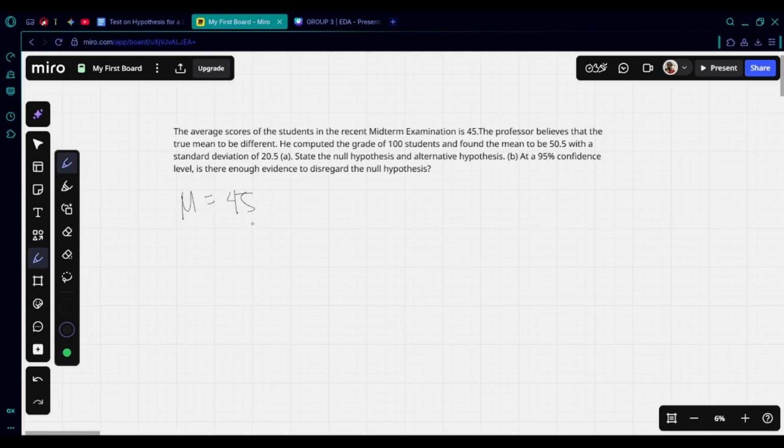Next, the professor believed that the true mean is different. Sabi dito, yung true mean daw ay not equal to 45. So we have here our null and alternative hypothesis. We will list down this one as our null hypothesis and this one as our alternative hypothesis.